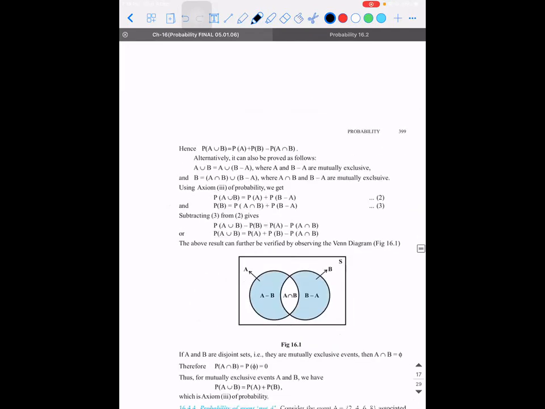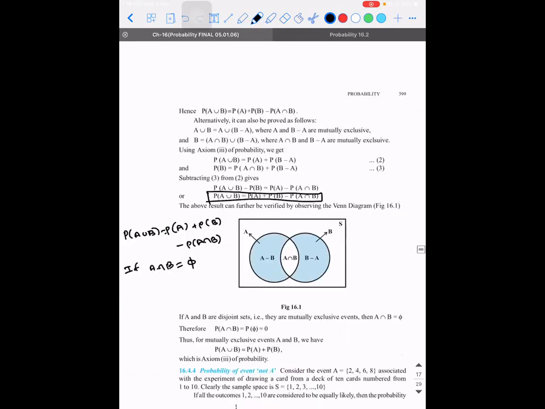So this is the formula that I gave you. Please write it down again. Probability of A union B is equal to probability of A plus probability of B minus probability of A intersection B. If A intersection B is equal to the null set, then those events are mutually exclusive, and the probability of A intersection B will be 0.